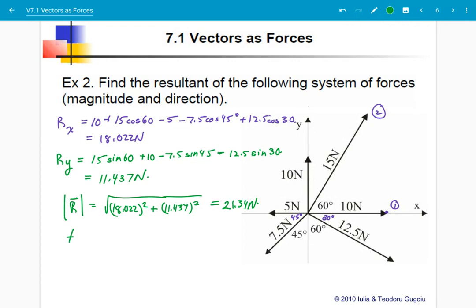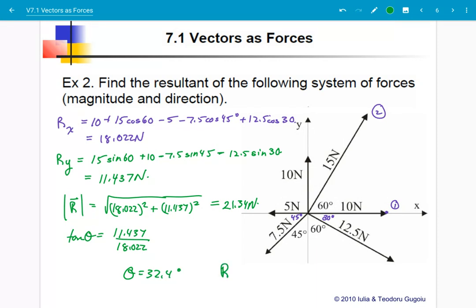The direction is tan of theta, y over x, my bad: 11.437 over 18.022. Theta is 32.4 degrees.